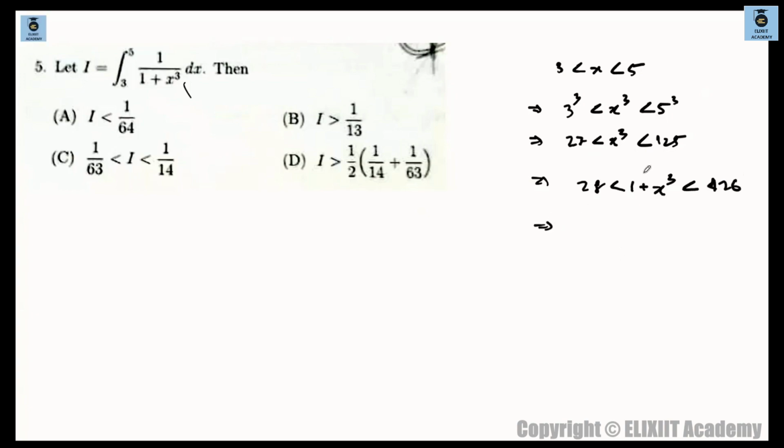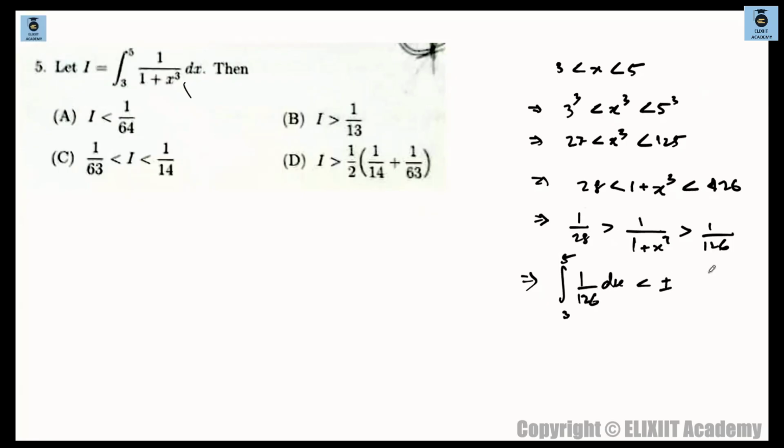And similarly, once you take the reciprocal over here, because we need 1 upon 1 plus x cube, the orientation of this inequality will change, right? And then you can simply take this integral on all three sides. So we have integral of 3 to 5, 1 by 126 dx, less than this will become I, because integral of 3 to 5, 1 by 1 plus x cube will be I itself.